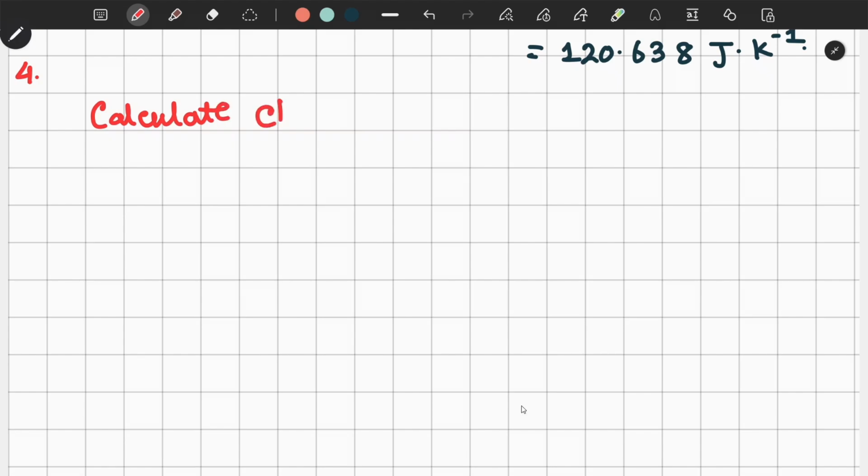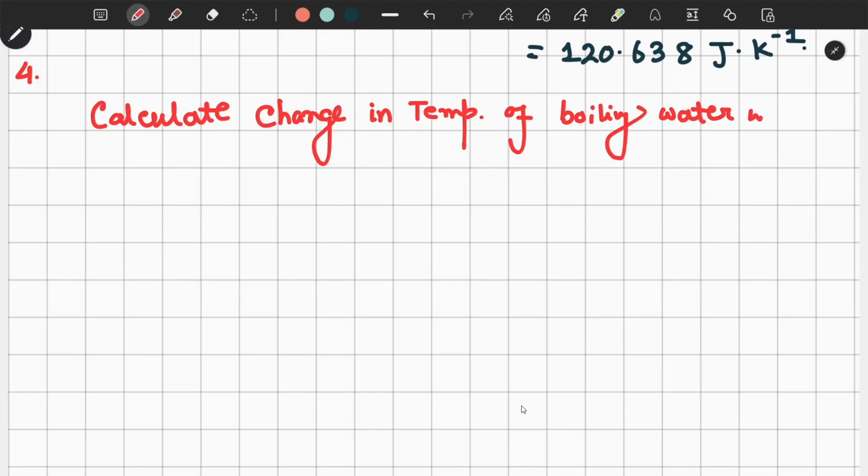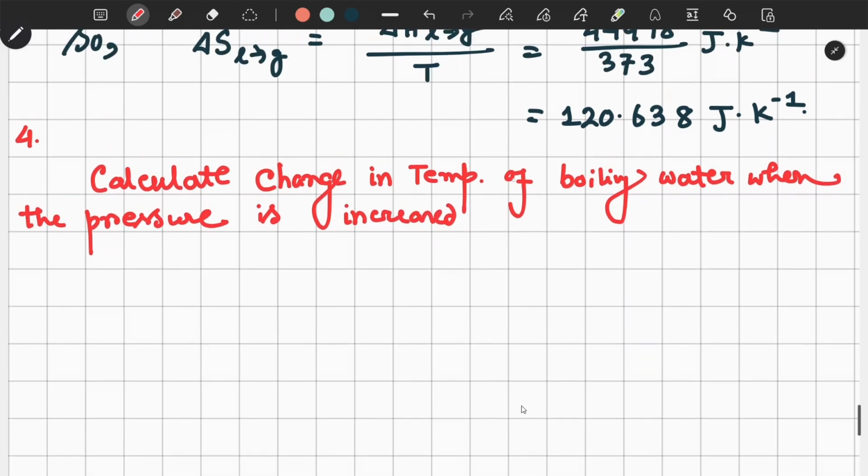Calculate the change in the boiling temperature of water when the pressure is increased by this.